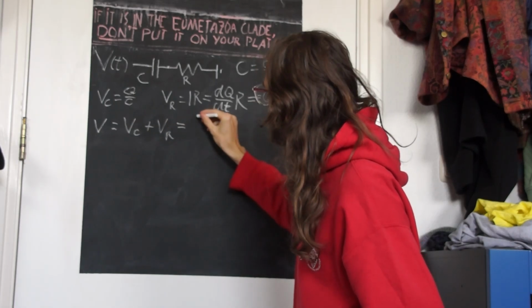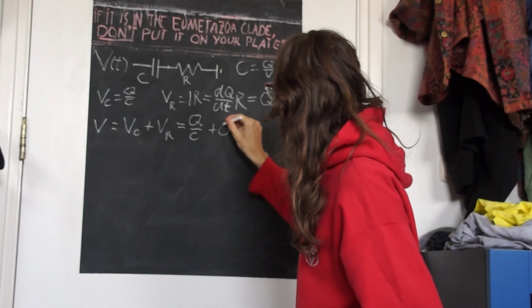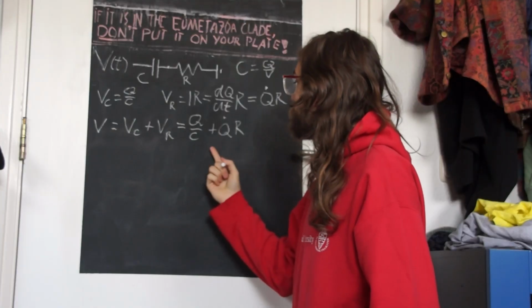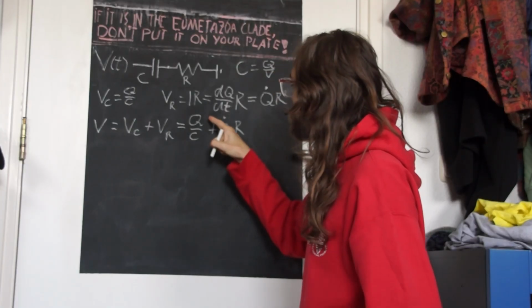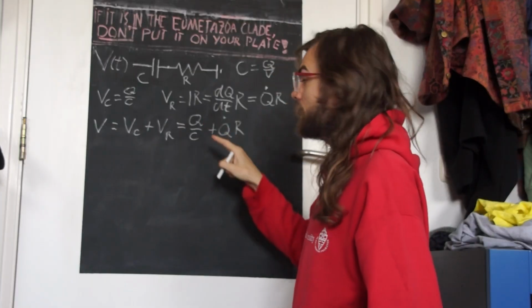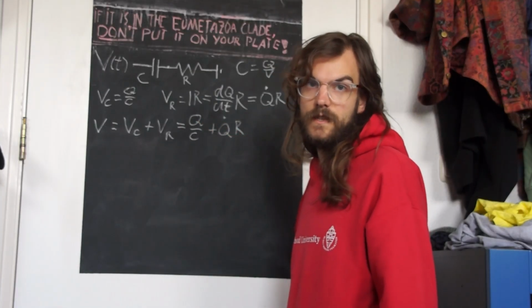So this will be Q divided by C plus Q dot R. And what we have here is what's called a differential equation. We have some function for the charge Q. We don't know what the function Q is, but we know that it has some relation with its own derivative.